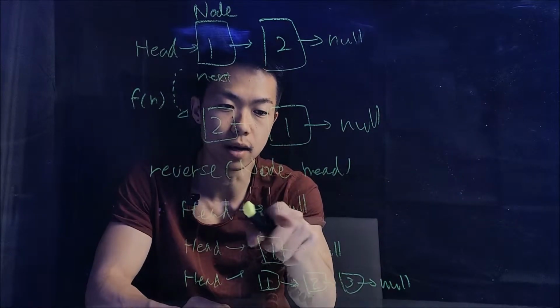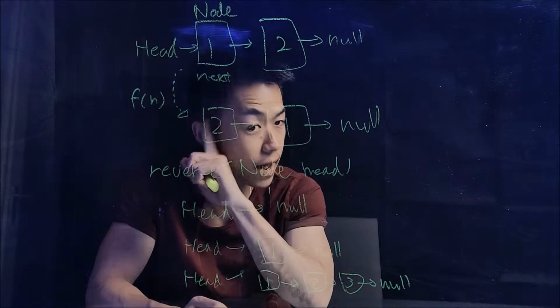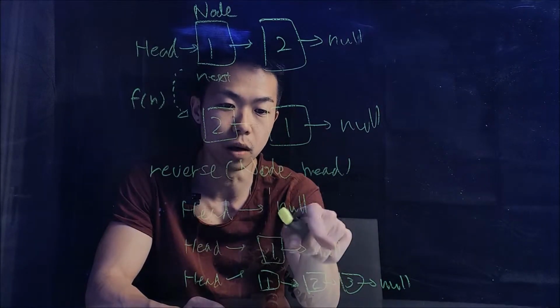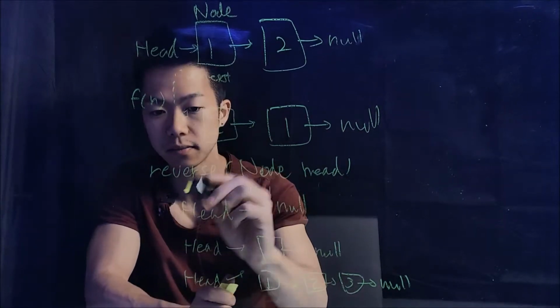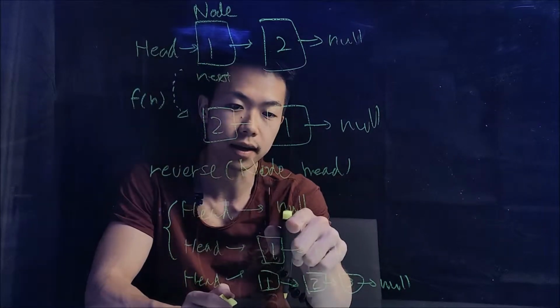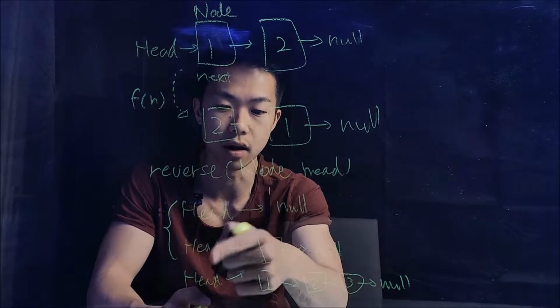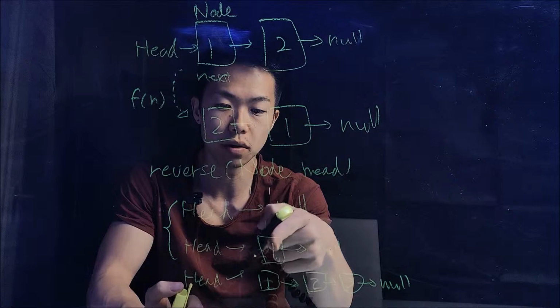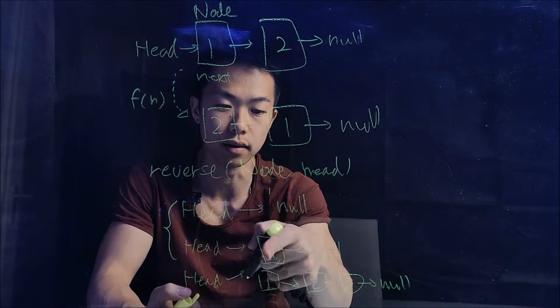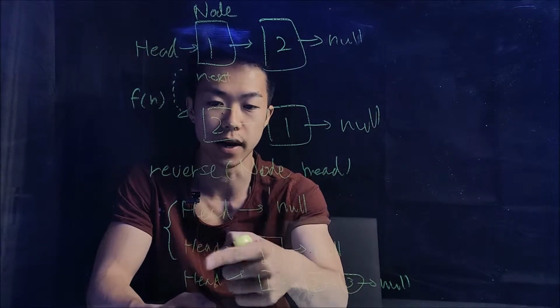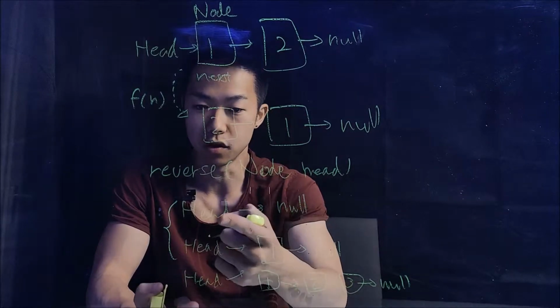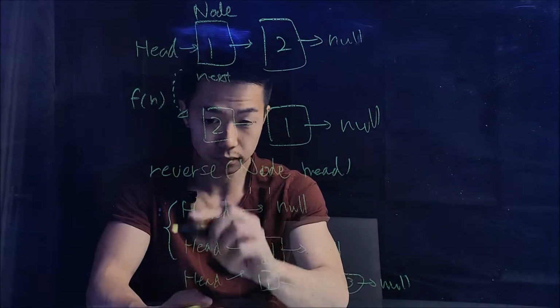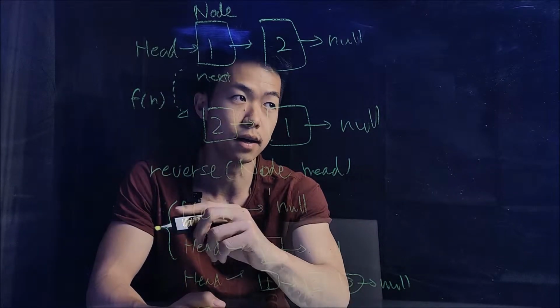Whenever head is null, or if head's next is null, meaning these two cases, then we can return head itself, because the reverse of a linked list of size 1 is actually itself, so we can just return head. When it's null, then we can just return head, right? So these are the first cases.